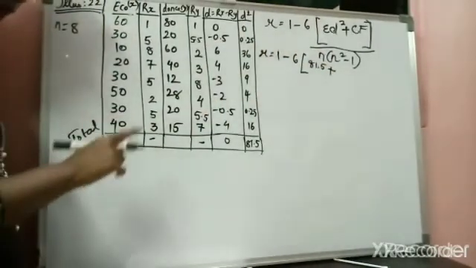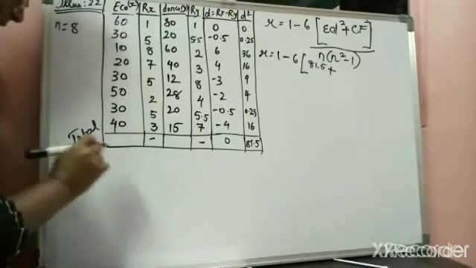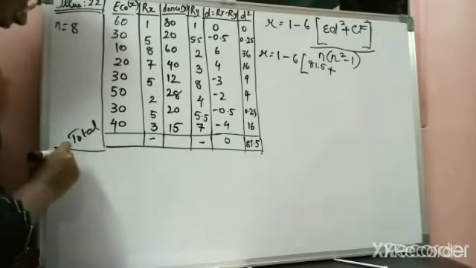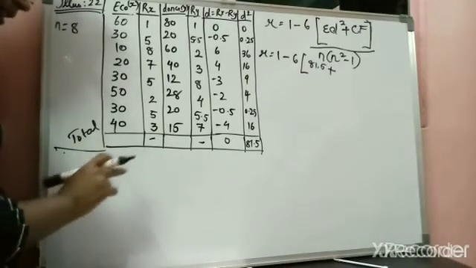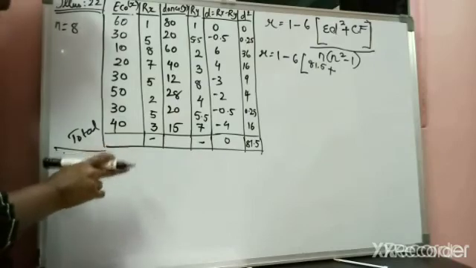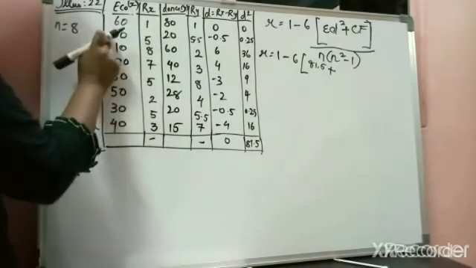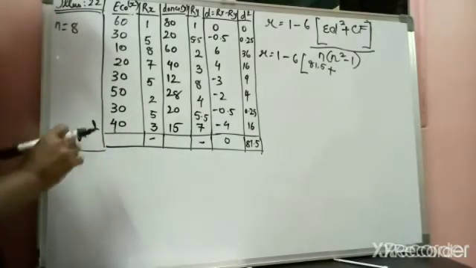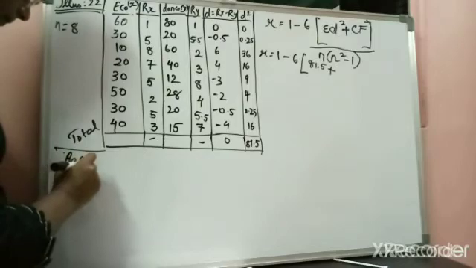Now for finding out CF, there is a formula. Here you can do the working of the CF. CF is mainly used for the repeated observation. So here in the x variable, you can see 30 has been repeated thrice. Okay, so here you can write repeated observation.